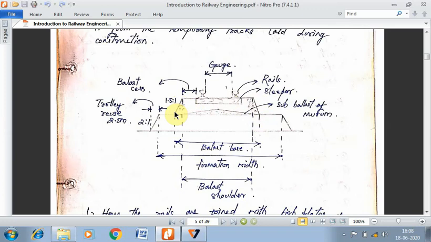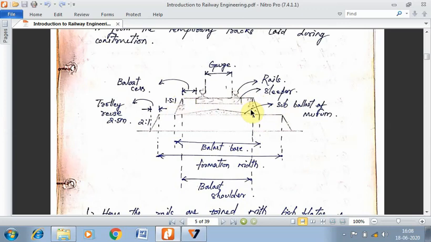Ballasts are basically crushed stones which will be packed together by vibratory modes, and this ballast section can be of any material.